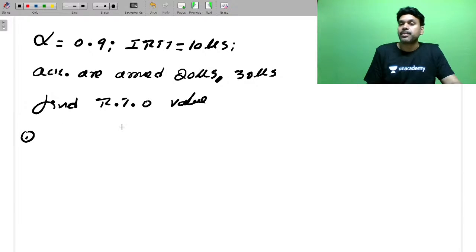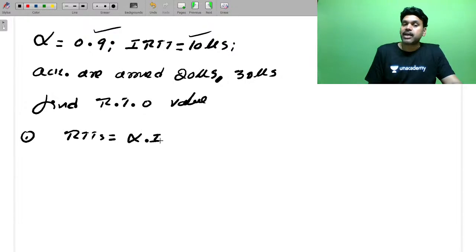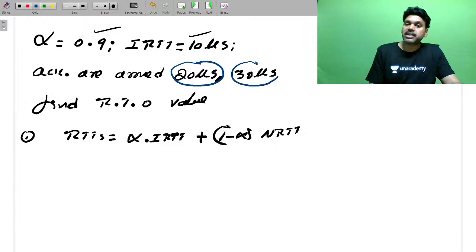First step we know. What is that? ERTT I am going to find because the values are already given to you. So alpha dot IRTT plus 1 minus alpha dot NRTT. NRTT is nothing but the first acknowledgement time for the first segment, next acknowledgement time of the second segment.